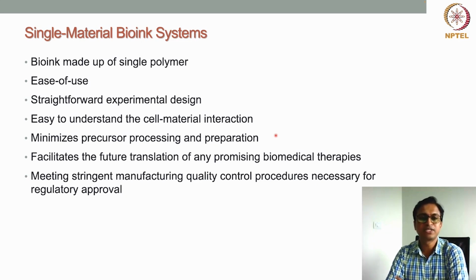If it is a single material system, this helps enormously for translational application, because there are regulatory challenges, and they demand a stringent manufacturing procedure with quality control to get regulatory approval.